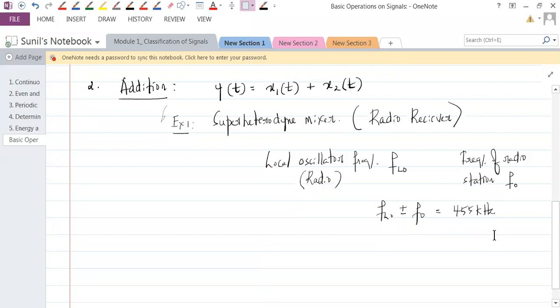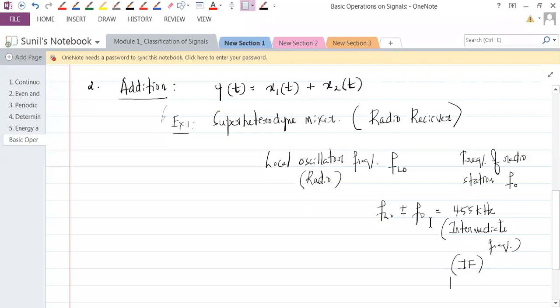This 455 kilohertz is called intermediate frequency, or IF. IF in communication is intermediate frequency, that is 455 kilohertz.